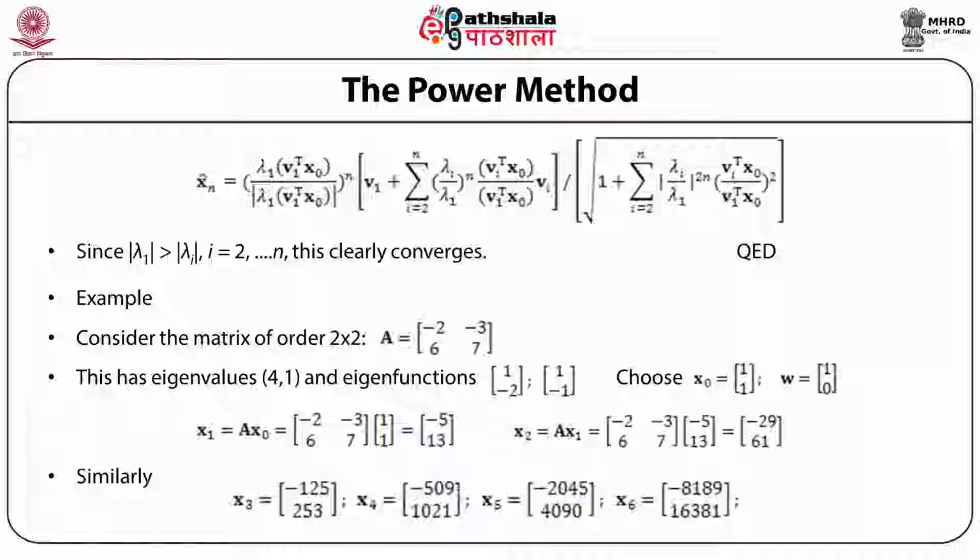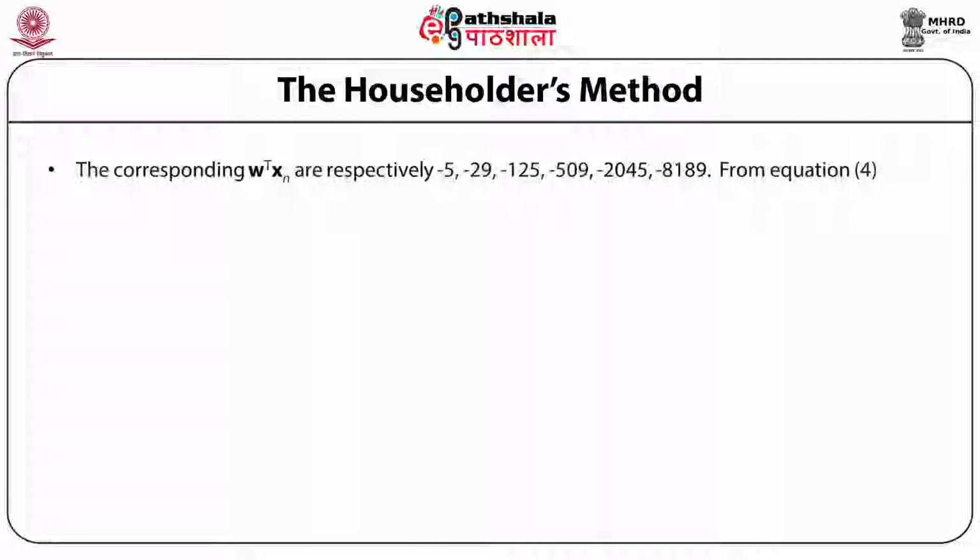The corresponding W transpose Xn are respectively minus 5, minus 29, minus 125, minus 509, minus 2045, minus 8181. So from equation 4, lambda 1 equals the limit as n tends to infinity of (W transpose Xn plus 1) whole divided by W transpose Xn.